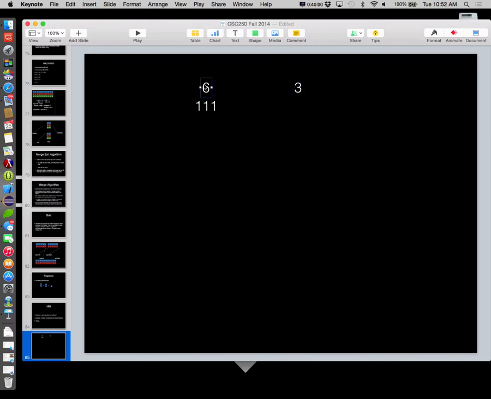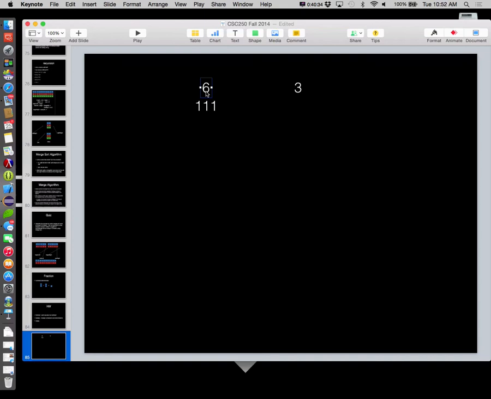We know the next number that evenly divides 6 is a 3. We don't have to worry about how we got to that number. We just know, as a human being, that's the number. So does 3 evenly divide 6? Yes, it does. We already knew that. But does 3 evenly divide 111? Okay, so we get our answer. That's the greatest common divisor.